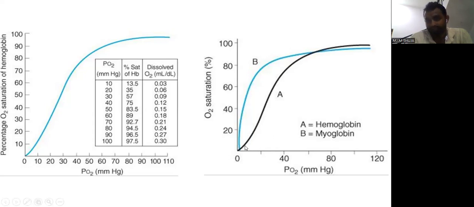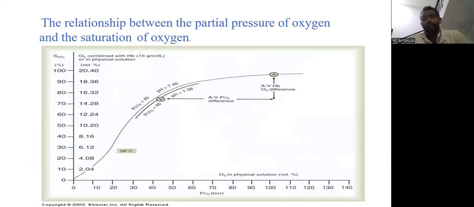This is hemoglobin. This is for myoglobin. We just concentrate on the hemoglobin curve. So this is what I said. Arterial level, PO2 is 100. Saturation is 97.5. Venous level, PO2 is 40. Saturation is around 75.